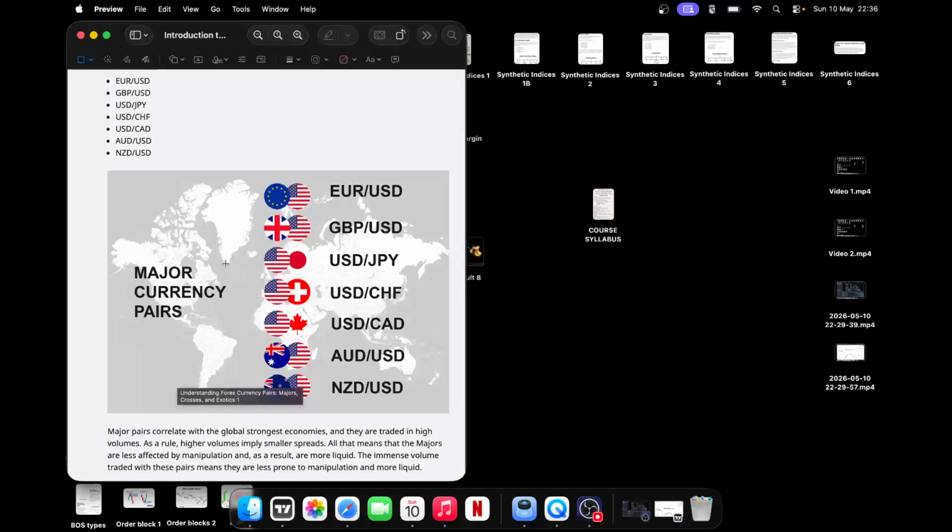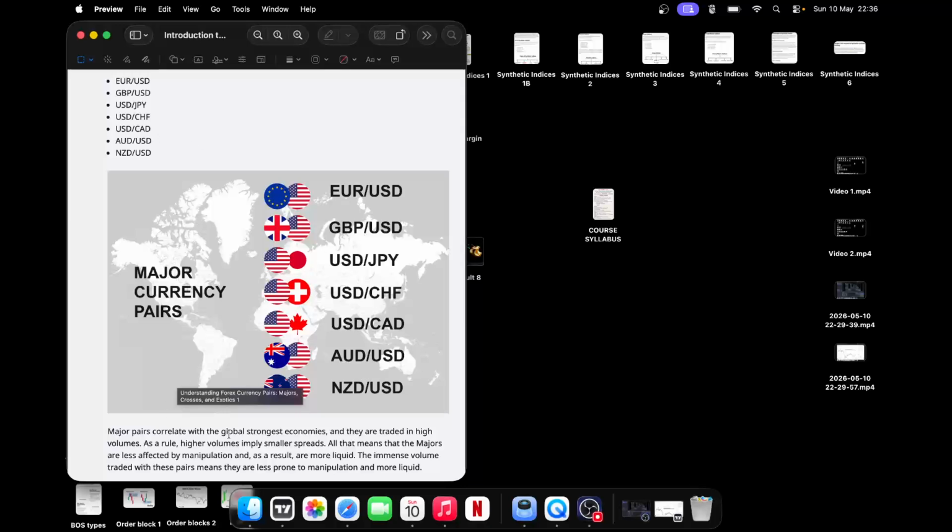You understand? So Euro USD, GBP, Great Britain pounds, USD, USD JPY, all these ones you can actually trade. This is Canadian dollar, this is franc, this is Japanese yen, this is Great British pounds. So that is each country's currency.